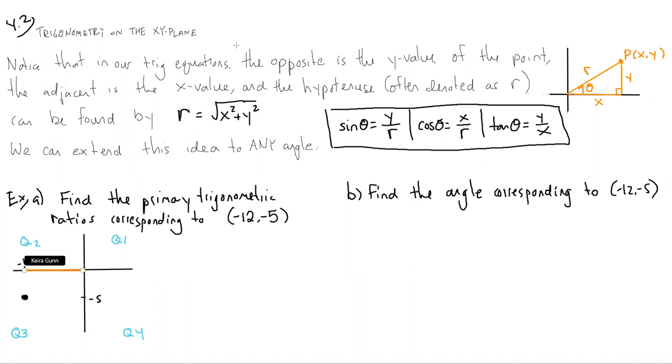So it has both magnitude, that bar has a magnitude of 12, but it also has a direction. So I'm going to label it with -12. And then we're also going to have the opposite, which is going to go up or down. Before I said up from the x-axis, but in this case, it has to go down to get to that -5 point. And so I'm going to label this as -5 because it's going down. Oof, that's not what I wanted.